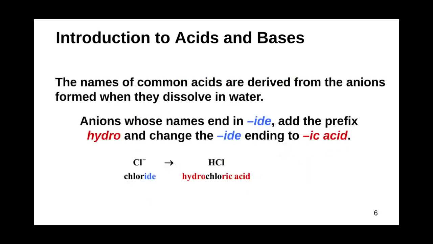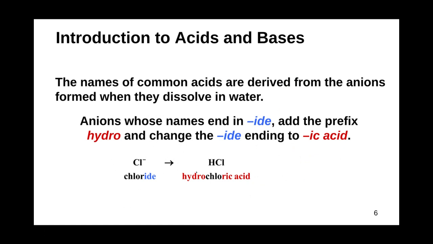Now, the names of common acids and bases are simply derived from the anions formed when they dissolve in water. Anions are things that are negatively charged and end with "ide", and you add the prefix hydro and change the "ide" to "ic" acid. So we have chloride. Chloride is our anion, so it ends in "ide". We've talked about this nomenclature in previous lectures.